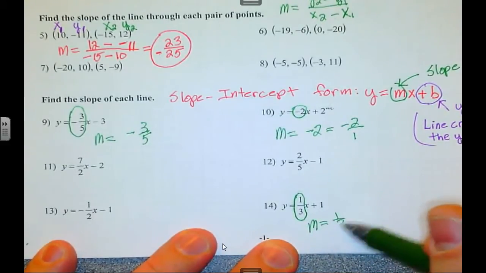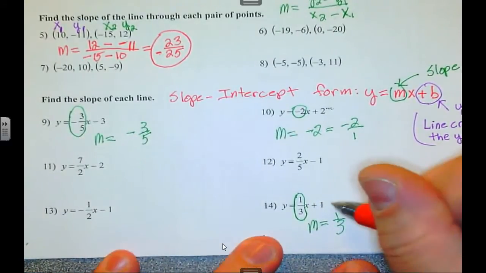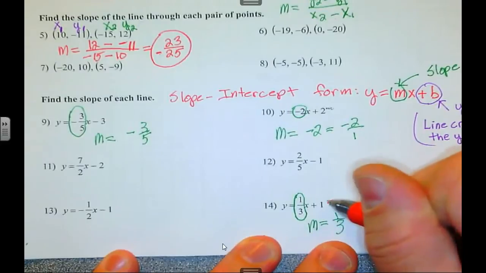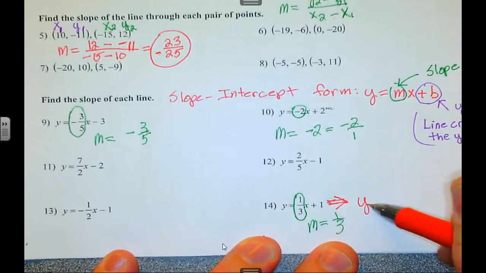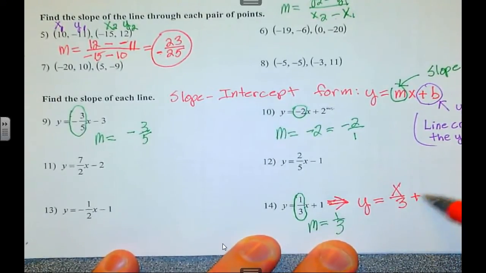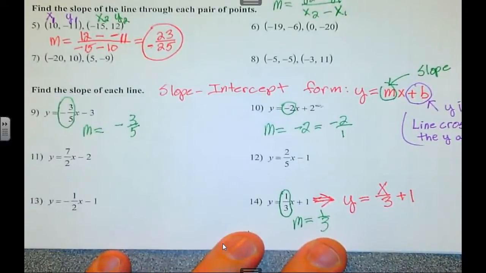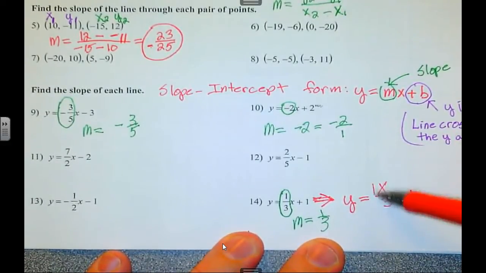Now 14, what's my slope? Yeah, it's 1/3. Now, this equation can be written another way, okay? Sometimes they'll write it like this: x over 3 plus 1. Okay. Don't forget, if there's not a coefficient there, it's 1.